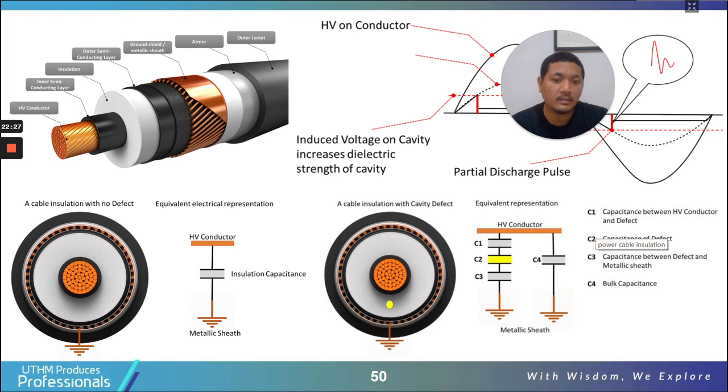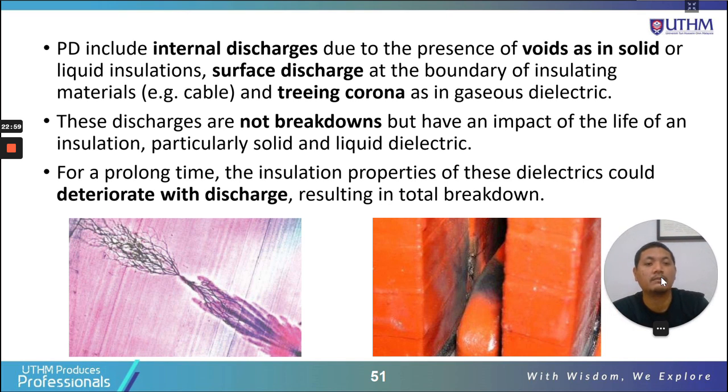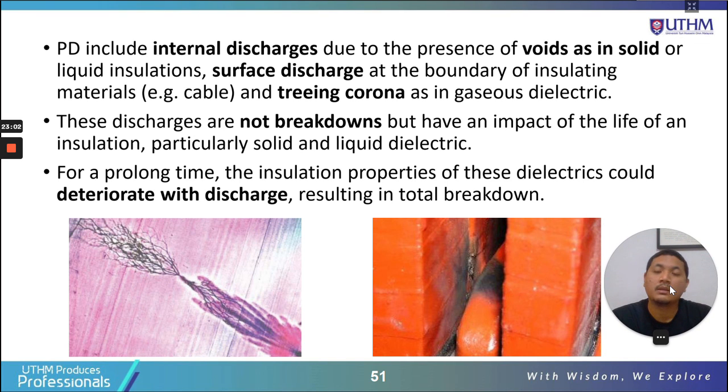C2 is the capacitance of the defect. C3 is the capacitance between the defect and the grounded conductor or the metallic sheath, and the rest is represented as C4. So this is the total capacitance for this cable. Imagine that is the arrangement when we have a defect in the cable, and then we will have partial discharge in the cable.